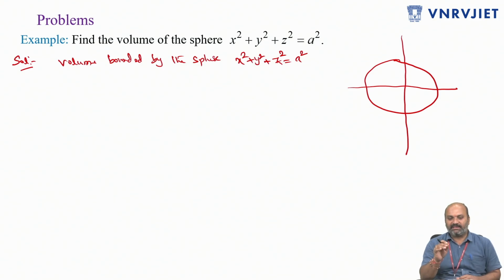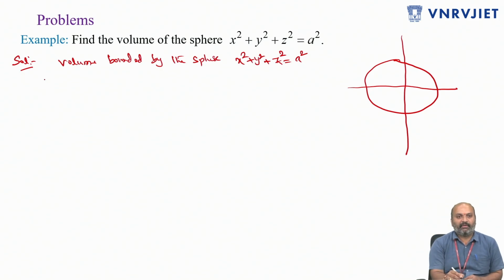Whatever volume you have in the first octant, you have the same in all the other 7 octants. So instead of evaluating the volume over the entire sphere, it is better to evaluate the volume in the first octant and multiply it by 8 to get the volume of the sphere.